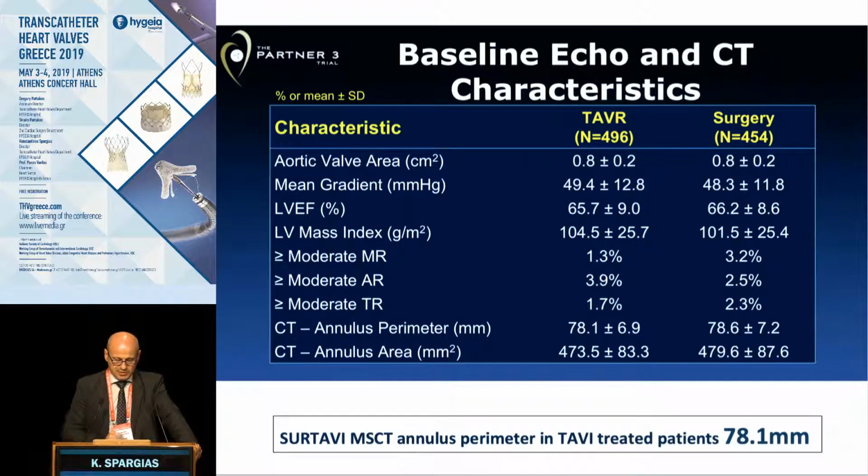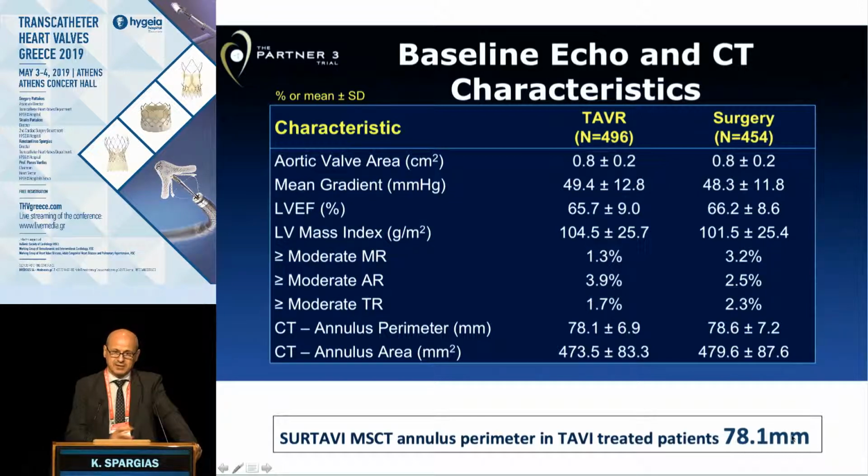So the same population. And when we see the baseline echo characteristics of the PARTNER 3 study, we see that the annulus perimeter on MSCT was between 78 and 79. And in the TAVR MSCT, the annulus perimeter was exactly the same, 78.1.